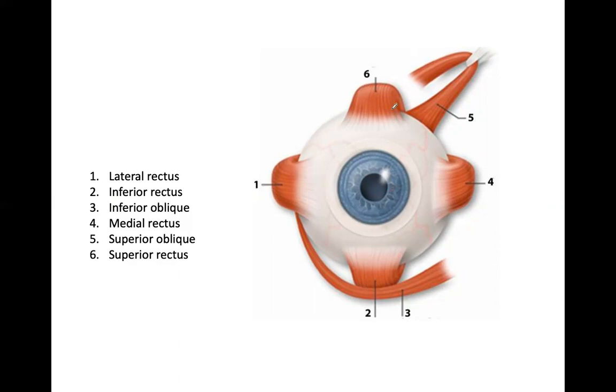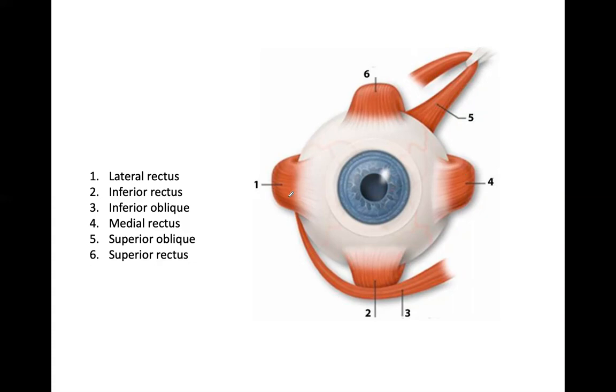They're identified as rectus muscles. The one on the top is superior rectus. The one on the bottom is inferior rectus. The one toward your nose, or closest to your nose, is your medial rectus. And the one farthest away, close to your temples, is your lateral rectus.